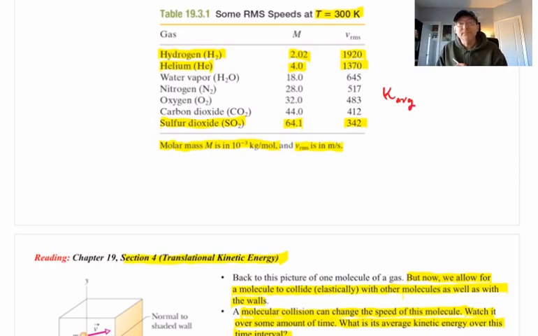K average for these different species of gas. Did you say they'd all be equal? Because they're all at the same temperature, and that's all that determines the average translational kinetic energy.